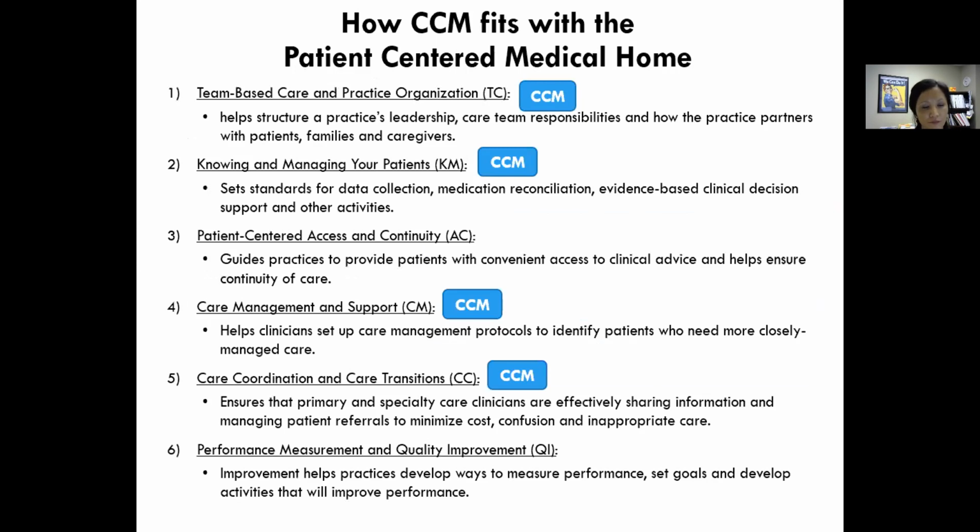I was saying to Grace the other day that the history of the development of the chronic care model to the patient-centered medical home was a fairly natural one, in that NCQA approached us and said, we think that we need to accredit people based on the components of the chronic care model, as well as other components. And so we worked closely with NCQA over the years to develop the patient-centered medical home criteria.